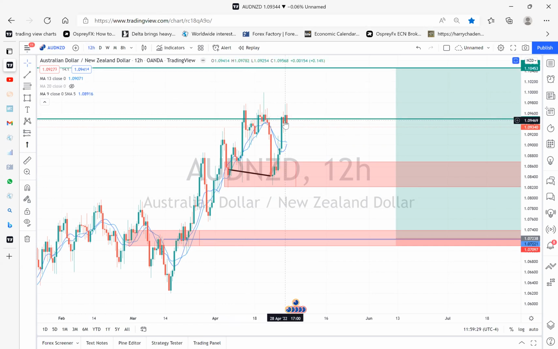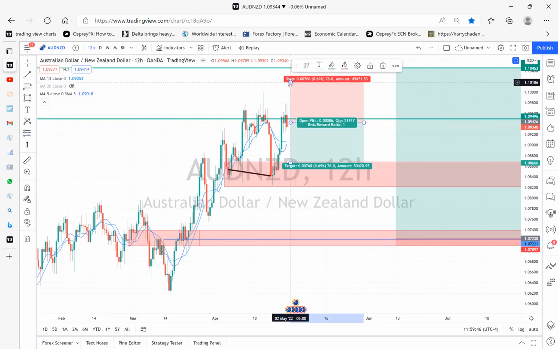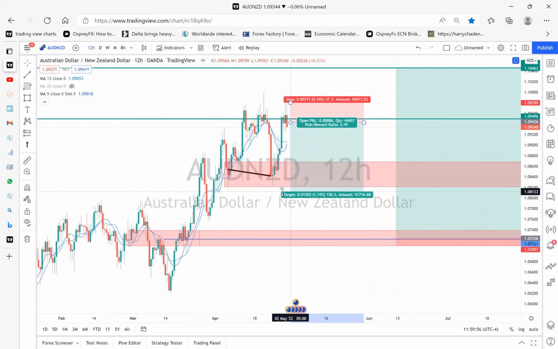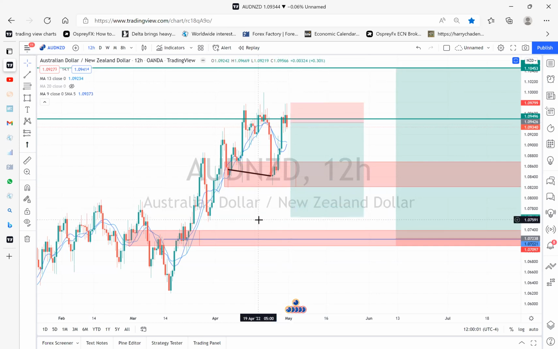So here's your order block. You can take this trade right here.